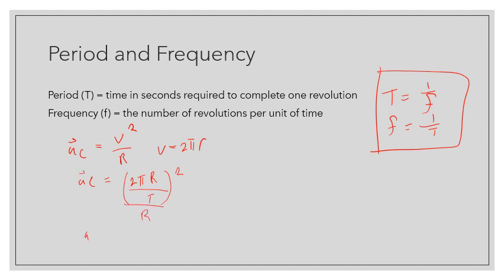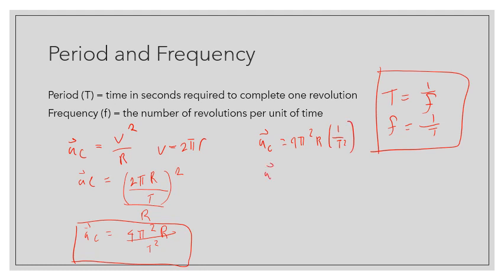So centripetal acceleration is equal to 4 pi squared r over T squared. Then we can also write it as ac equal to 4 pi squared r times 1 over T squared, so centripetal acceleration is equal to 4 pi squared r f squared. The first one can be used if you have the period, while this one can be used if you have the frequency.